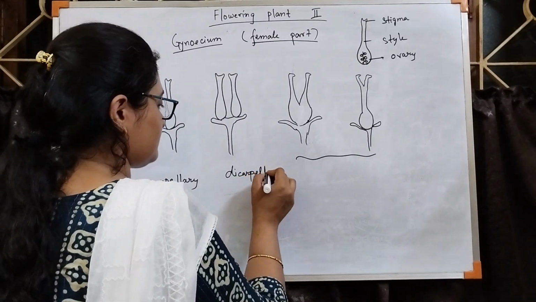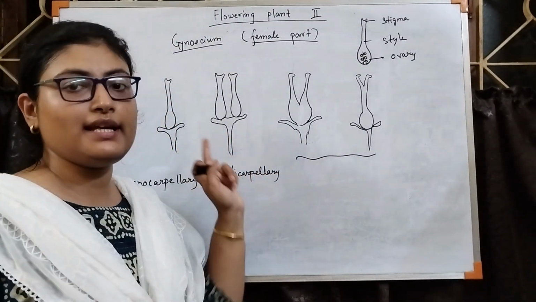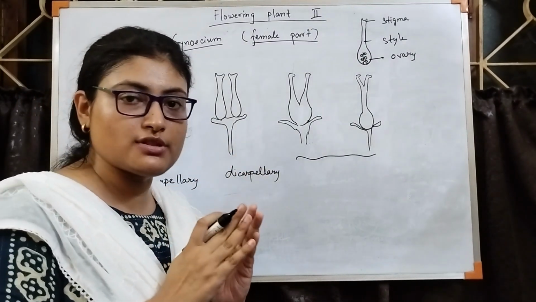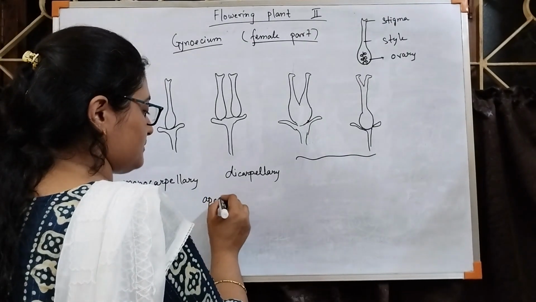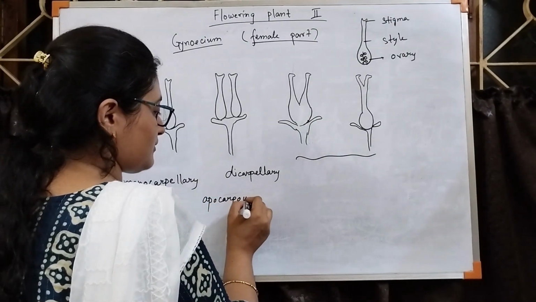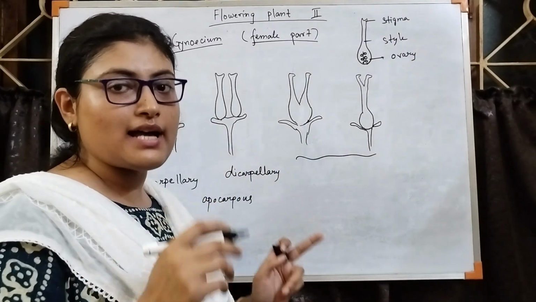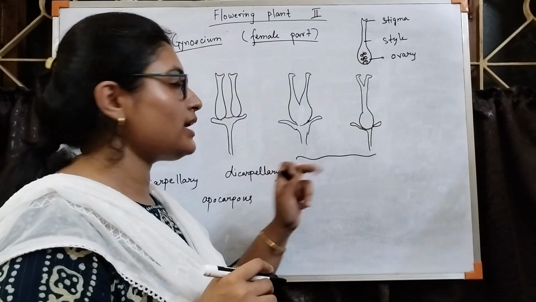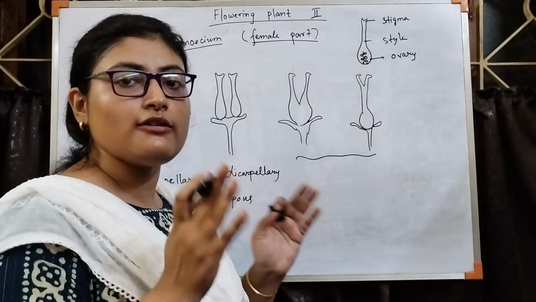Now here you can see that the carpels are free. It is not fused. So it is free, that is why it is known as apocarpus. Now one condition is there where carpel is united or fused.